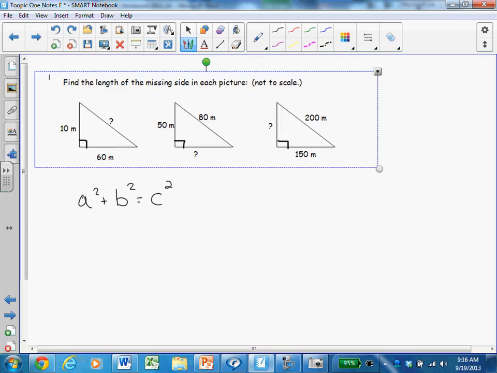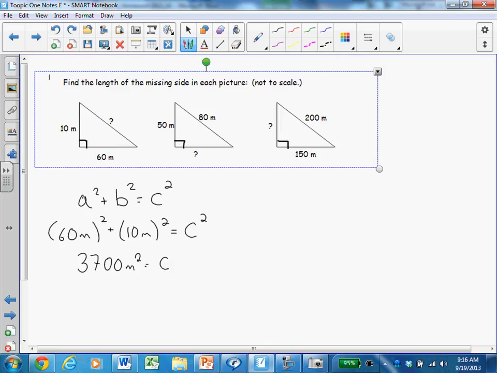So A, let's say it's 60, plus B, which is 10, equals C squared, right? So 60 squared plus 10 squared is 3,700 meters squared equals C squared.